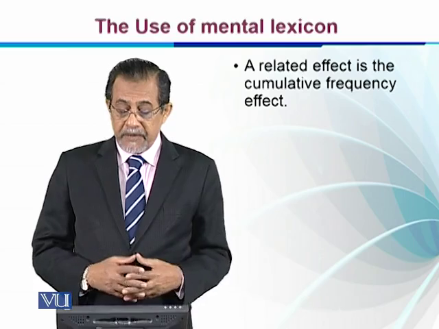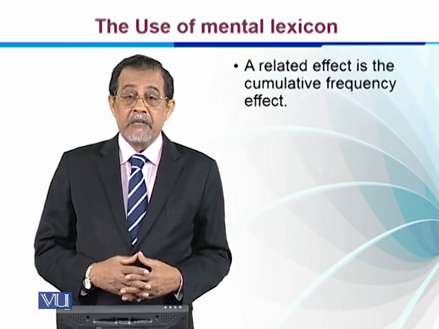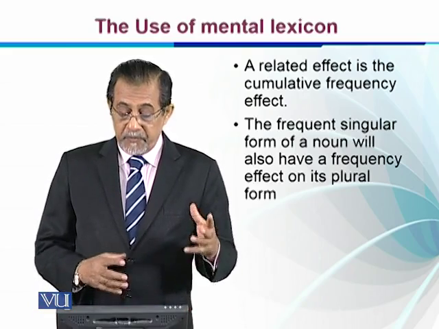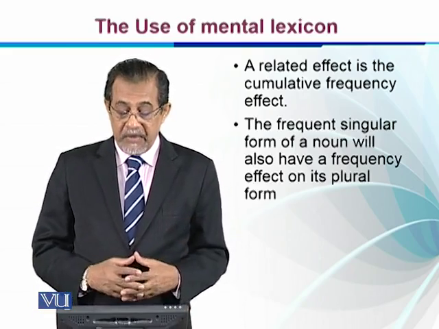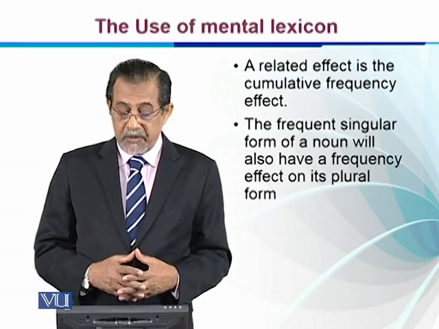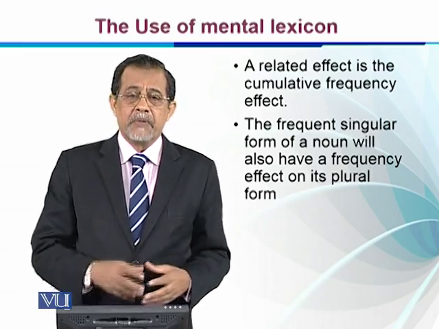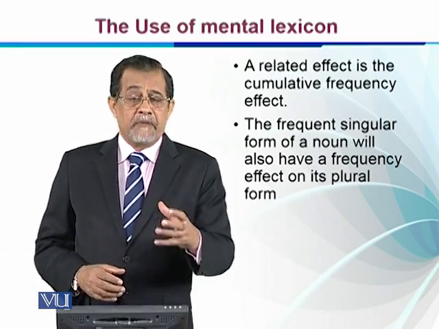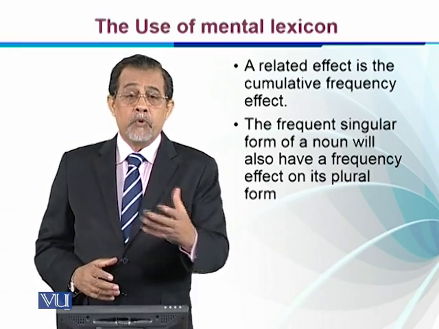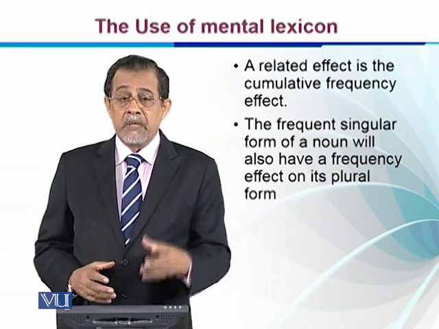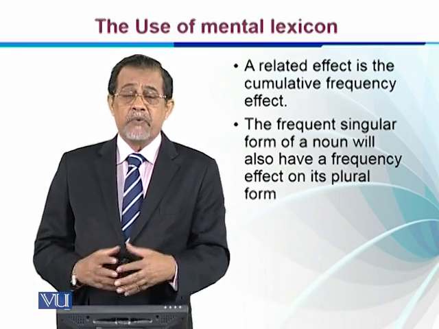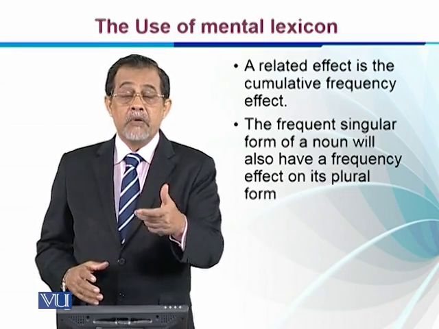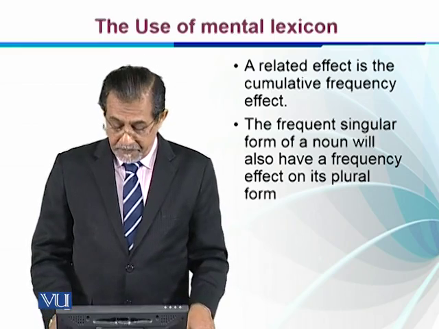A related effect is the cumulative frequency effect. The frequent singular form of a noun will also have a frequency effect on its plural form. For example, if you use book, obviously a very common word that we use frequently, but its plural, books, is used less frequently, the cumulative effect will also be on the plural form.